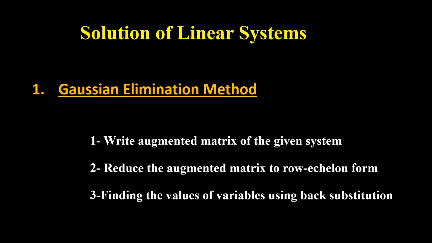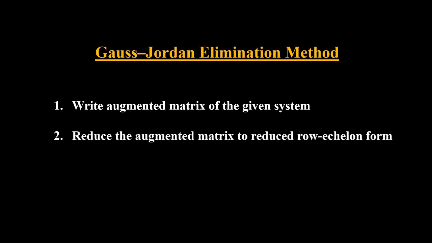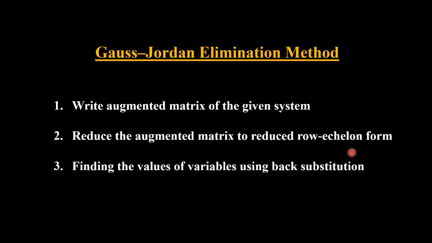But in Gauss-Jordan elimination method, first we write the augmented matrix of the given system, then reduce the augmented matrix to reduced row echelon form, then find the values of variables using back substitution. These are the steps of the Gauss-Jordan elimination method.